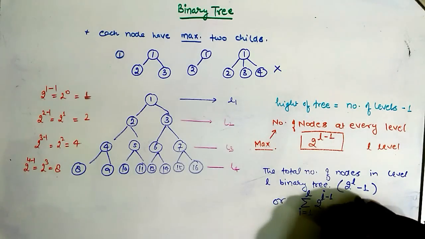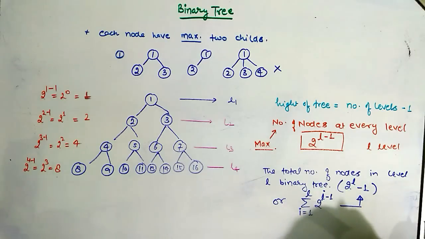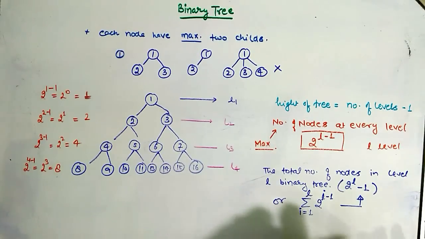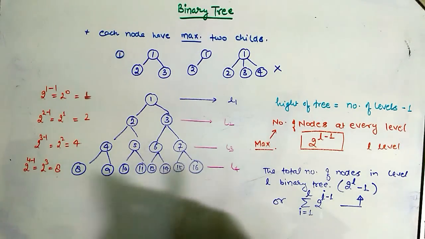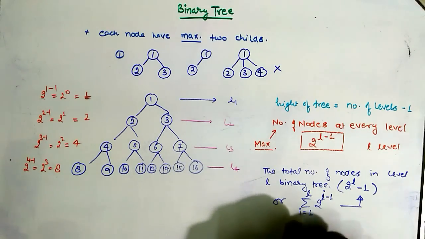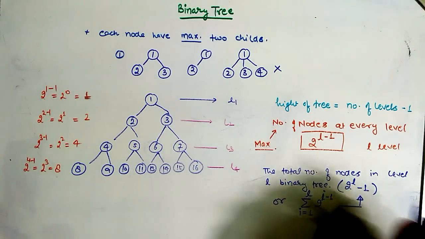So this would result in this expression 2 to the power L minus 1. So if you want to find out the number of nodes in a given binary tree of level L, then it is nothing but 2 to the power L minus 1.